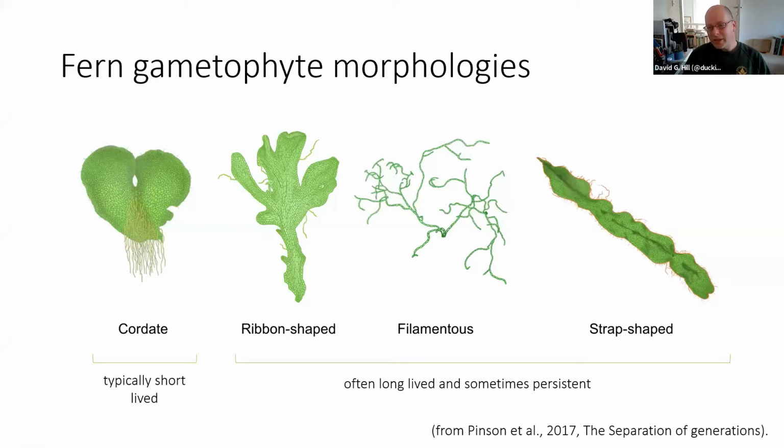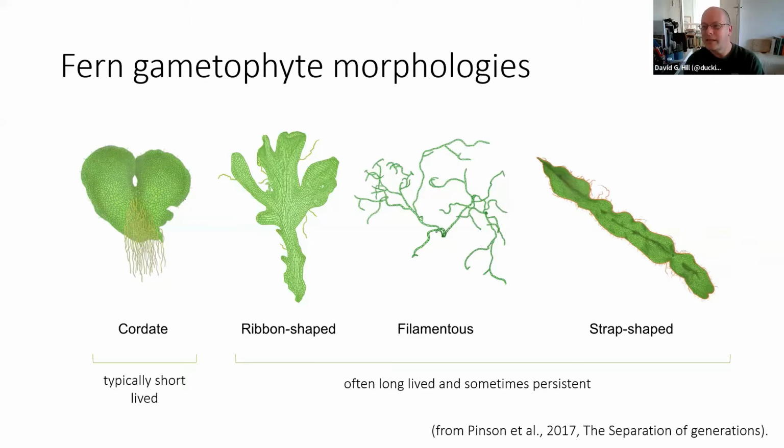Gametophytes aren't just sort of heart-shaped. They're this cordiform type on the left that we would find for most of the British ones. There are other shapes that you can find, so they're ribbon-shaped, filamentous and strap-shaped. Now the cordiform ones tend to be reasonably short-lived, so they will probably last for, in some cases, only a few days.